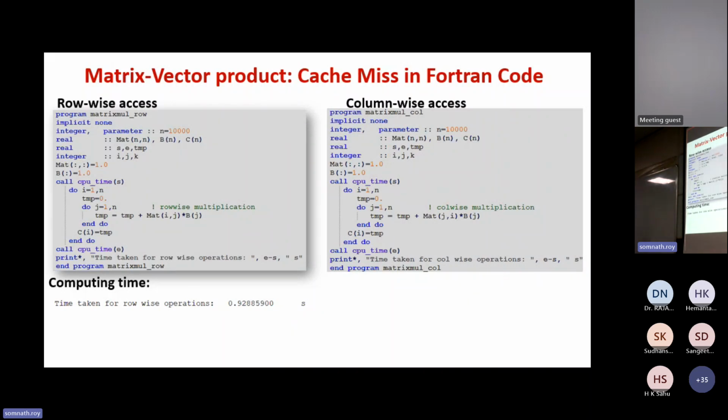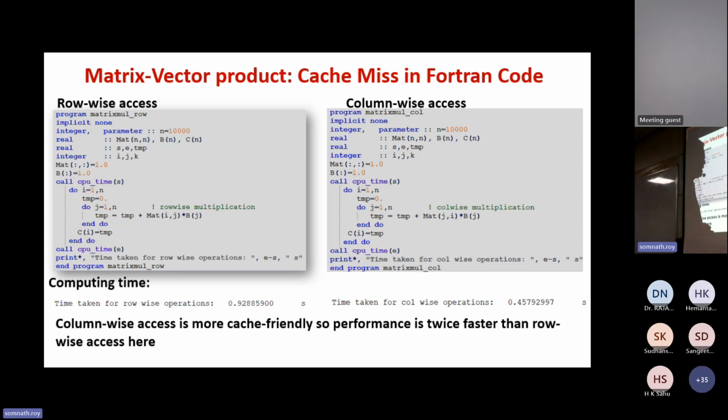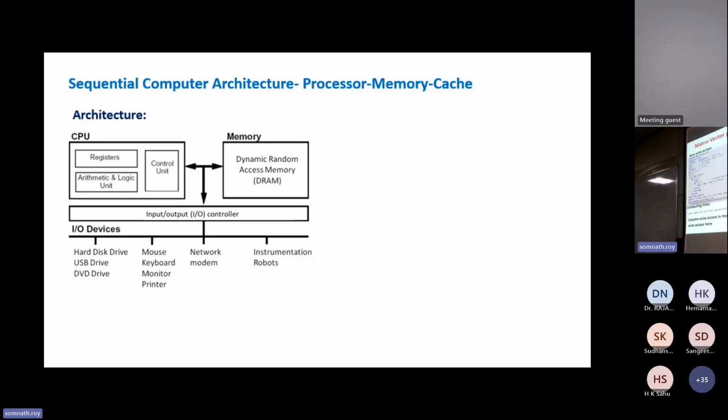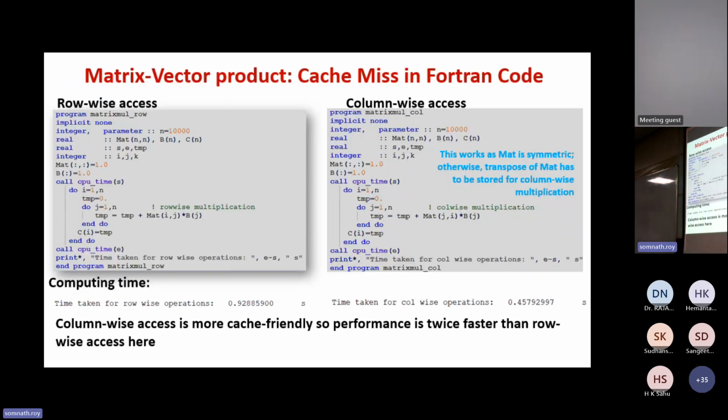This is due to the fact that when a 2D variable is stored in the computer, it does not store it as a 2D matrix. It stores it as a one-dimensional array. In C it is stored row wise, in Fortran it is stored column wise.